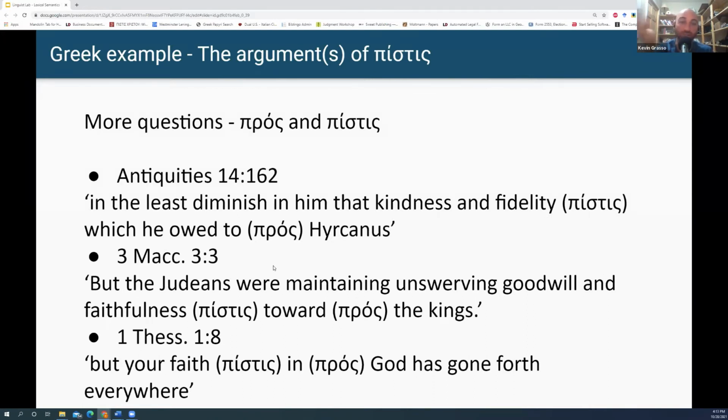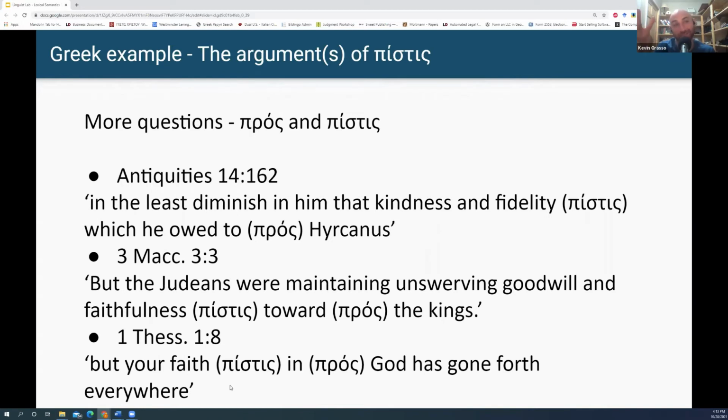Well, it's interesting that you have pros here and not eis. In the New Testament, there's one example with pistis and pros. There are no examples with the verb and pros, none. So there's the one example: "But your faith in God has gone forth everywhere."